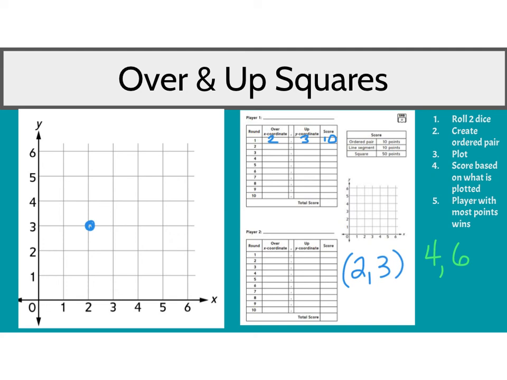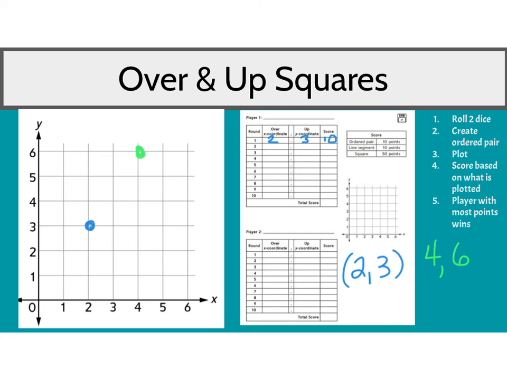So in this instance, it doesn't really matter as of yet. So I'm just going to leave it the way it is. I'm going to go over 4, up 6, and I'm going to place my dot there. And then we're going to continue to take turns rolling the dice and connecting or forming squares and line segments.